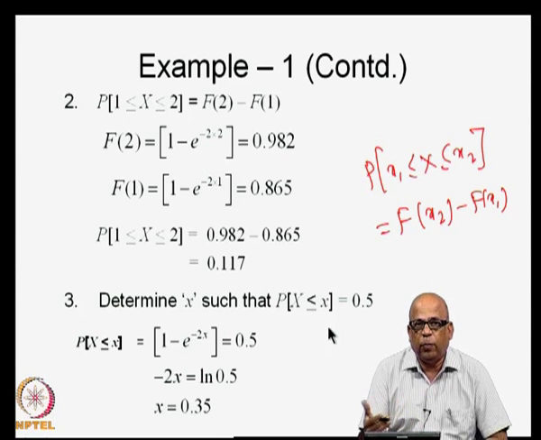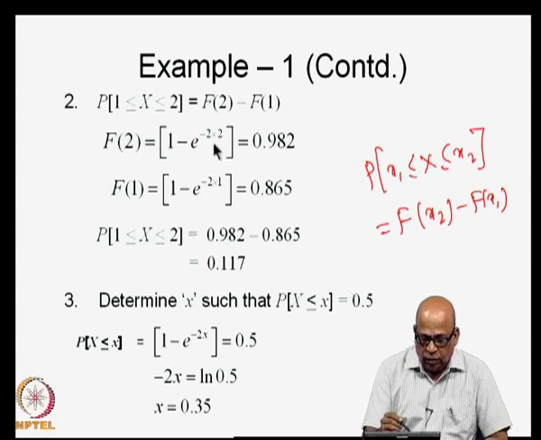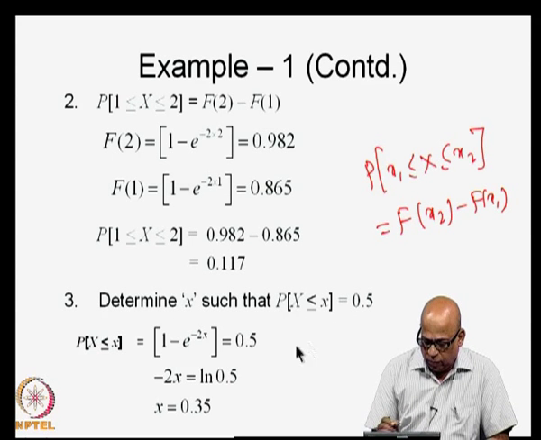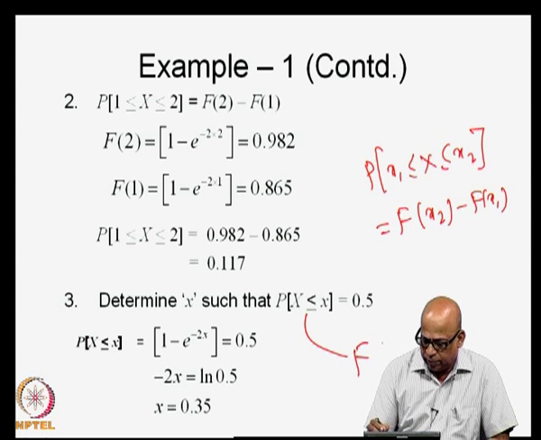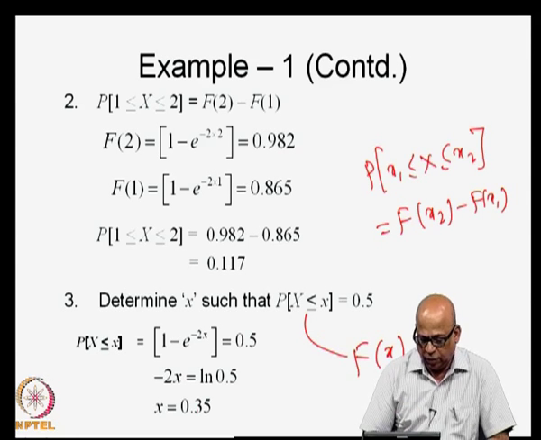Especially in water quality problems, we will be interested in the probability of X being less than or equal to a given value, where X is the stream flow. Now, the F of x is given. So, what we will do is, the probability of X being less than or equal to x is by definition simply F of x, and F of x we know is 1 minus e to the power minus 2x, and therefore, we equate it to 0.5, and from that you get x is equal to 0.35.